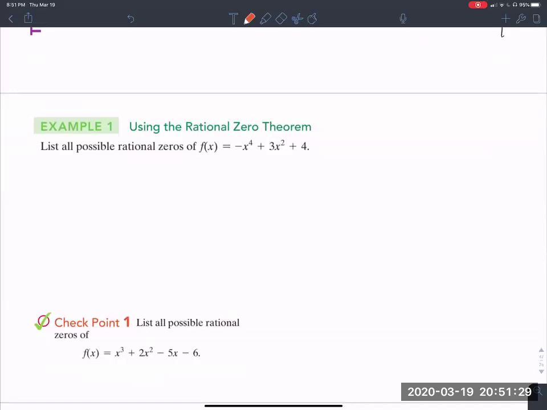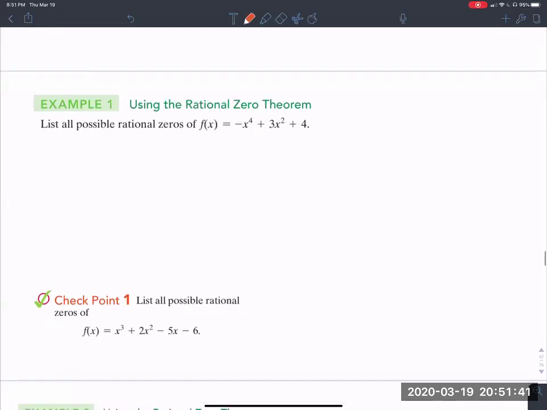List all possible rational zeros of negative x to the fourth plus 3x squared plus 4. So it says that if this polynomial has zeros or roots or x-intercepts, then those x-intercepts must be of the form p over q, where p is the factors of the constant term divided by factors of the leading coefficient, which in this case is -1.